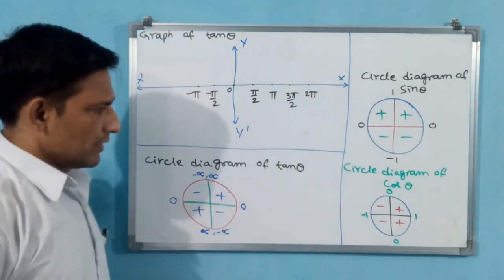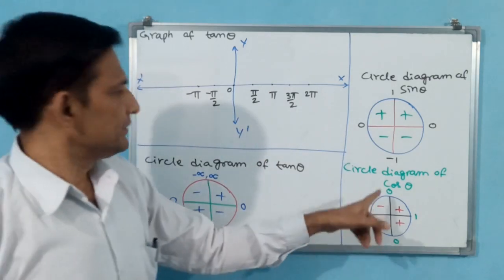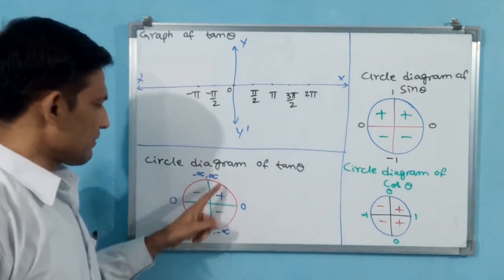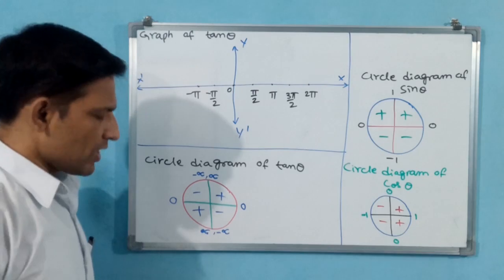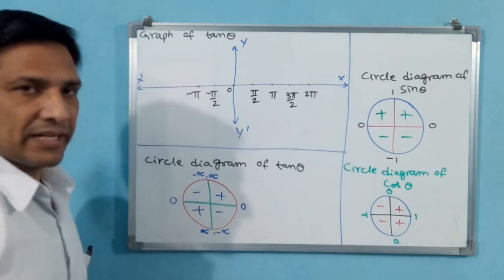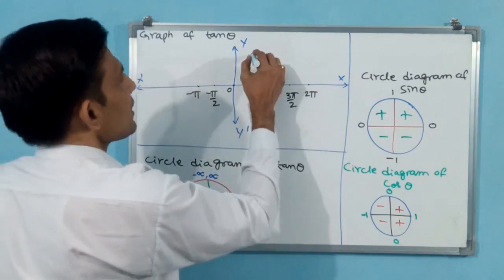Now you see here also, 0 is there both sides, and minus infinity, plus infinity are there. What we are going to do, because infinity is there, we will draw some vertical lines to understand infinity, or else you are not able to understand.